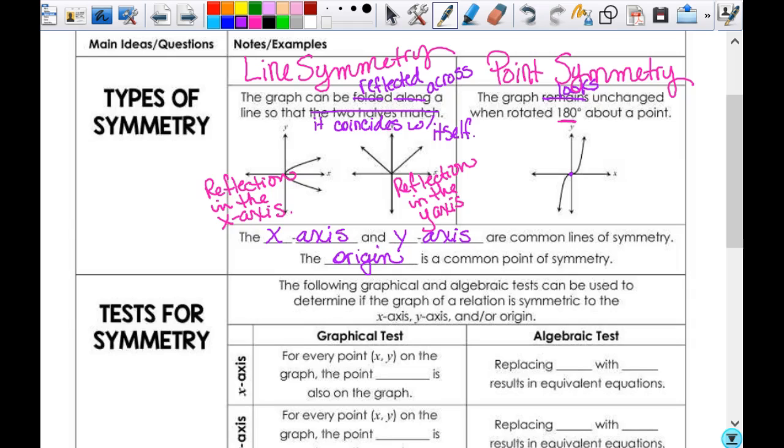We could have rotational symmetry, and the point of rotation could be anywhere, but we only care about the origin. What's the origin? 0, 0. This is the origin, 0, 0, right? So let's remember origin, which is 0, 0.